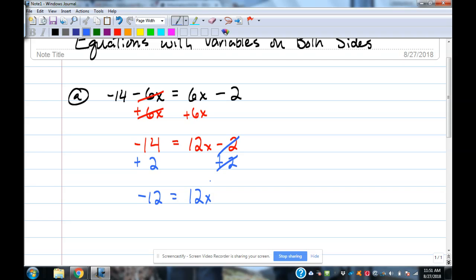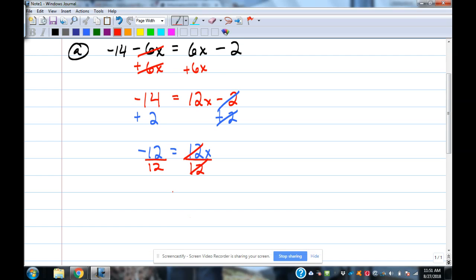One last step. Divide by what? 12. That number that's in front of x, divide by it. That cancels it out. Negative 1. Don't forget the sign, because it's negative 12 divided by positive 12, so it's negative 1. But good job. All right, so that's our job today.